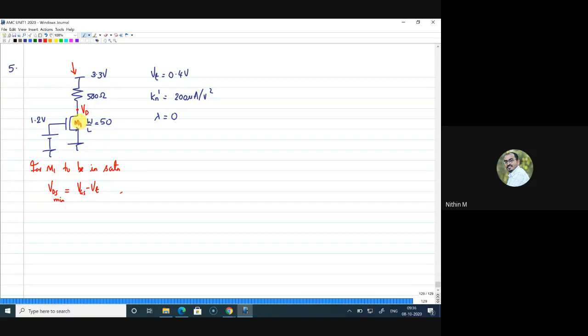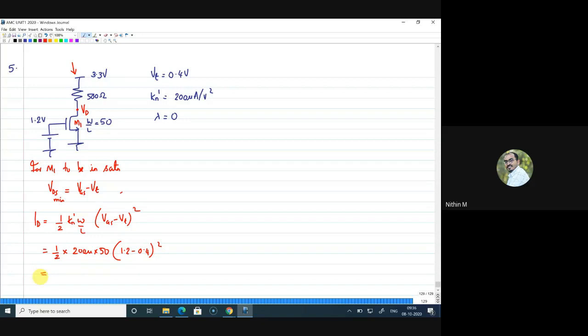Before applying anything, let me first find out the current in this case. Given that the device is in saturation, half Kn dash W by L into VGS minus VT the whole square will be the current. So that is equal to half into 200 micro into 50 into VGS is 1.2 minus VT is 0.4 the whole square. So you will get a current.